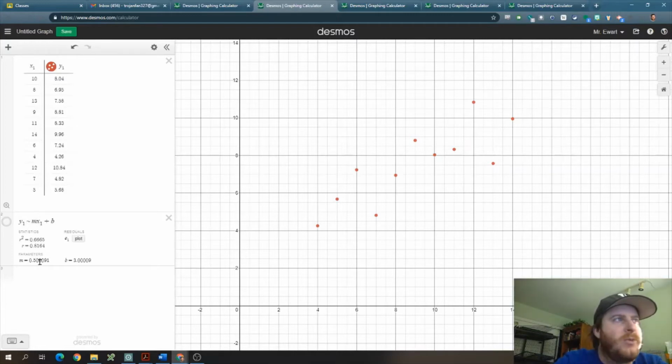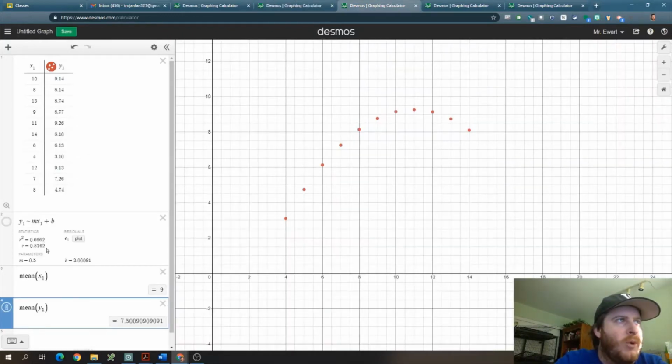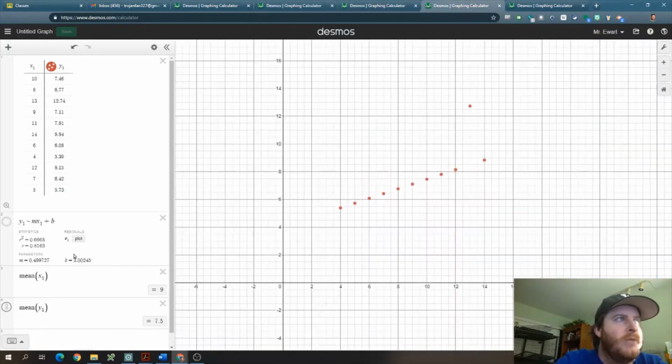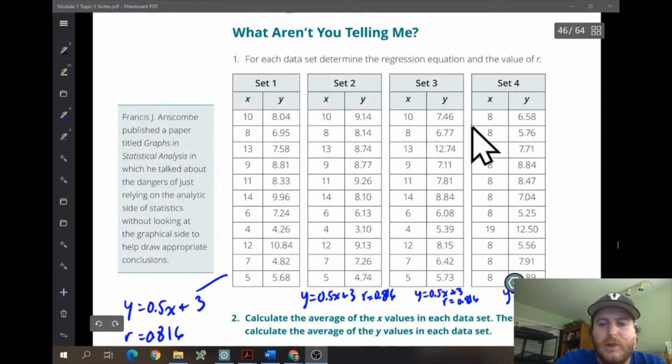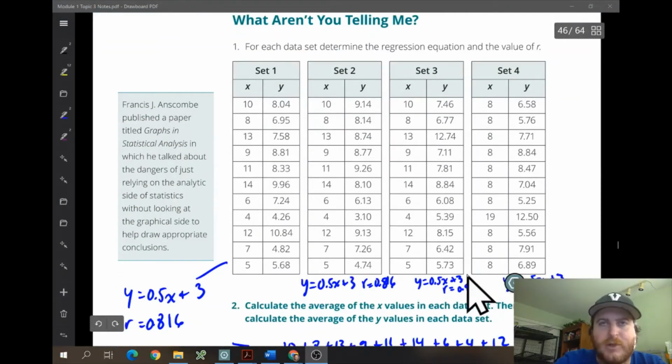And for each one of these, I got m was 0.5 and b was 3, and r was 0.816. All of them were the same: 0.5 and 3, with r of 0.816. So all of them had the same regression equation and the same correlation coefficient. They all had the same results there.